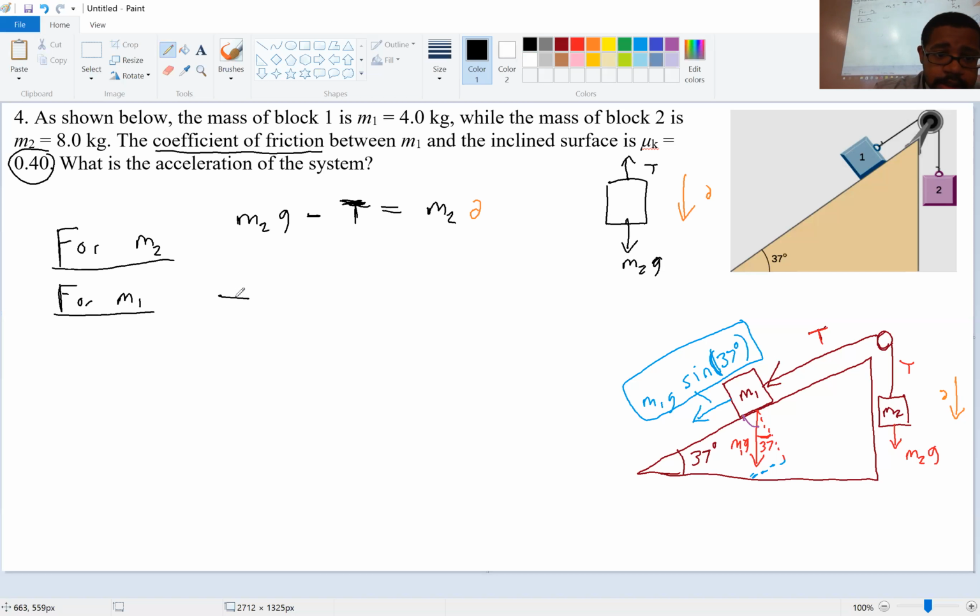So we've got tension, which is positive in this case since it's acting in an opposite direction as this. Then friction, which is hampering movement, acting in the opposite direction.